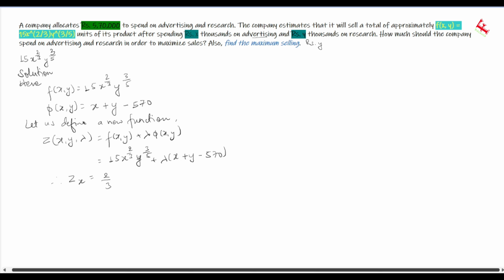According to the power rule, 2/3 will come over here, and then 15 as it is, x^(2/3 minus 1) into y^(3/5), plus, in terms of x, this y and 570 will be 0, and we'll get lambda. If we further solve, we'll get 10x^(-1/3) y^(3/5) plus lambda.